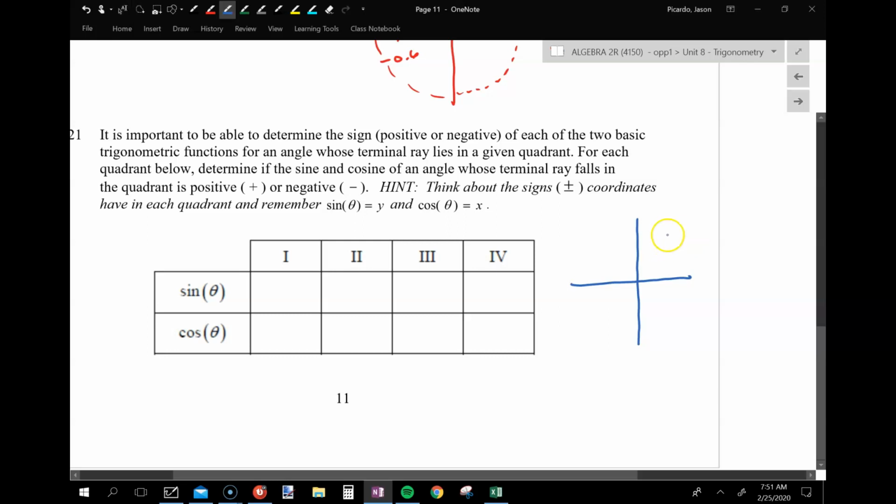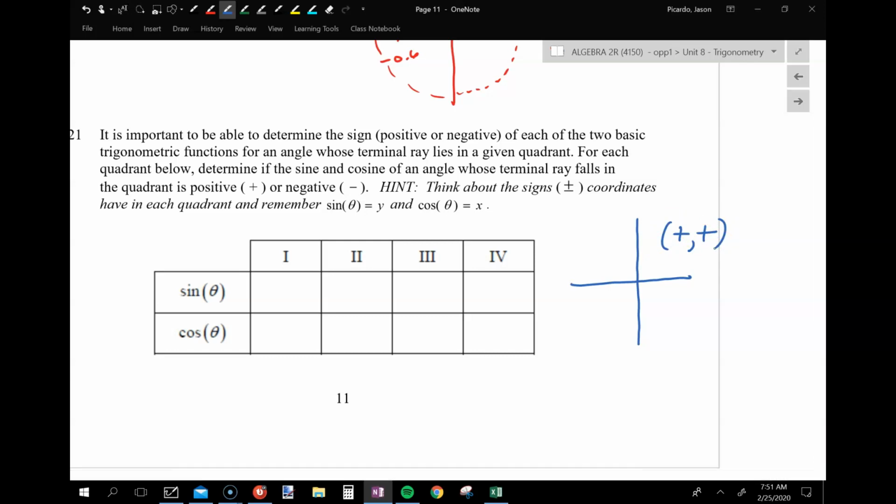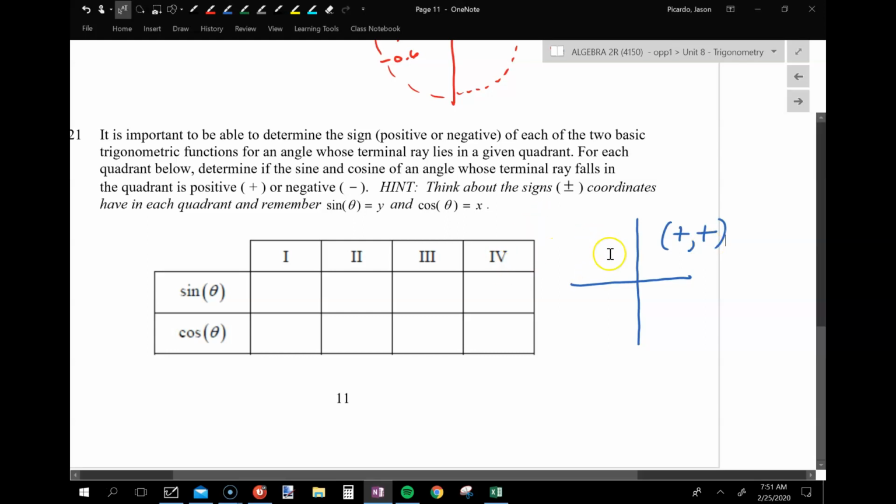Positive values. Do you guys agree that that has to be true? Every point is going to be positive and positive. How about in this quadrant? Well, how do I get there? I go to the left and then I go up. So what are all the points here going to be? Negative and positive. True? Okay.